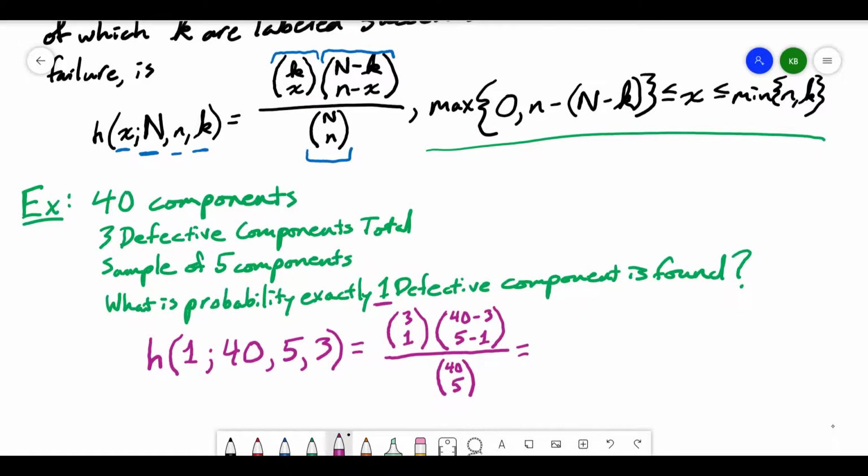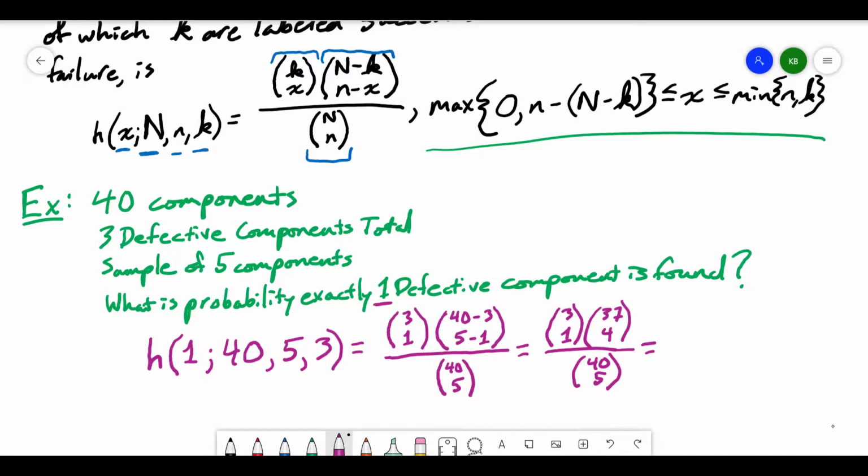So from this, we can plug this into a calculator, or we could simplify that second binomial coefficient in my numerator really quick. So we have 3 choose 1, 40 minus 3 is 37, 5 minus 1 is choosing 4, and then our denominator is 40 choose 5. And we can use a calculator from here.